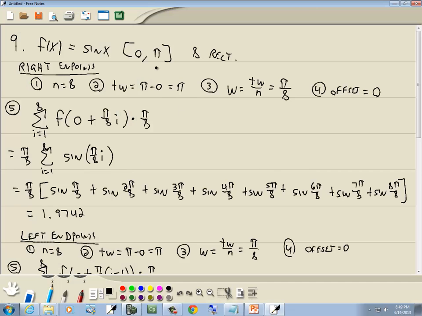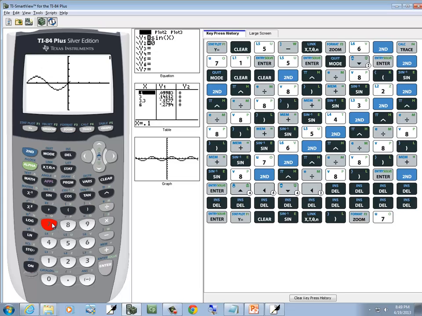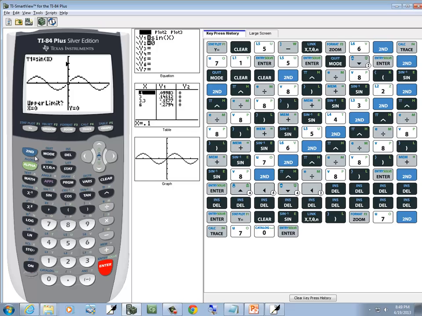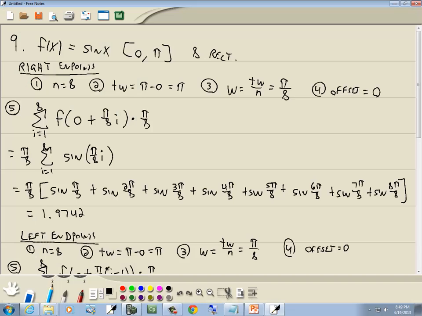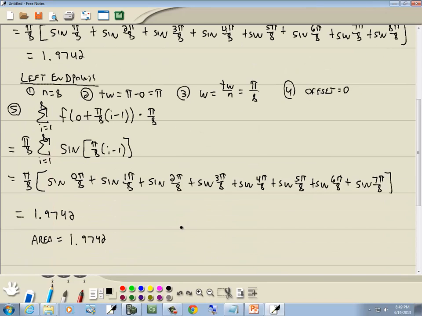Now we're going to go from 0 to pi, so I'm going to do a zoom and choose number 7, z trig. That'll set it from negative 2 pi to positive 2 pi. And then I'm going to do a second trace and choose number 7. Lower limit is 0, upper limit is pi, so I'll do second caret, enter, and we get 2.